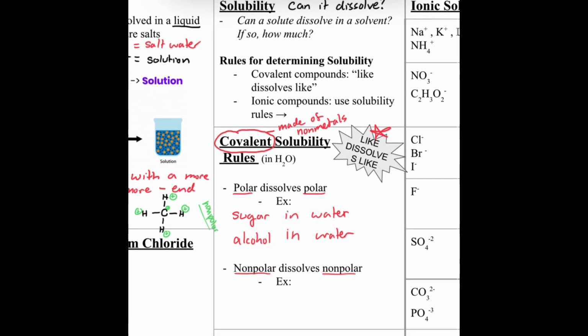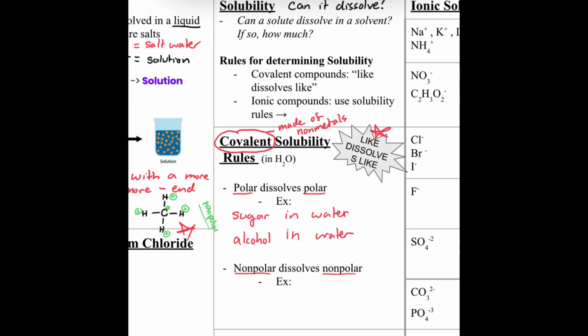But if you want an example of something that could not dissolve in water, oil is a beautiful example. Oils are nonpolar, kind of like the CH4 over there. So oil cannot dissolve in water because since oil is nonpolar, it will not dissolve in a polar substance like water.